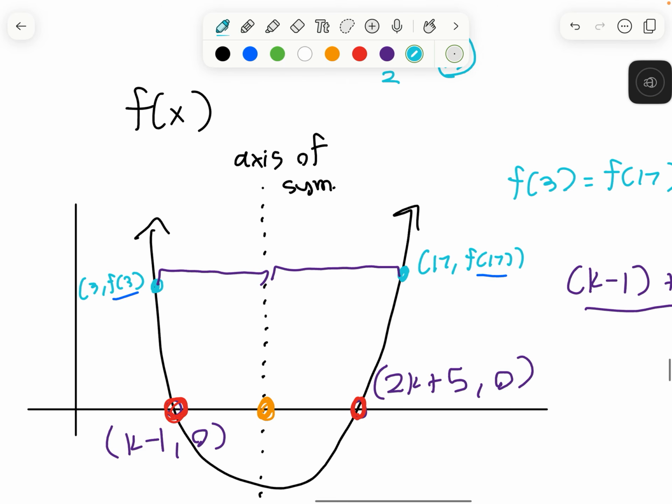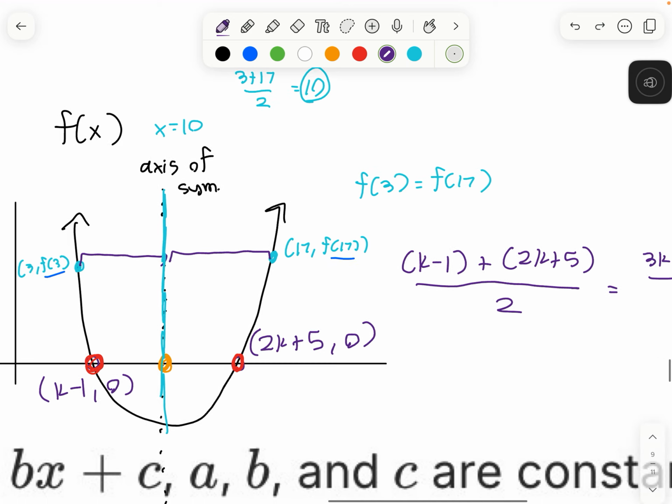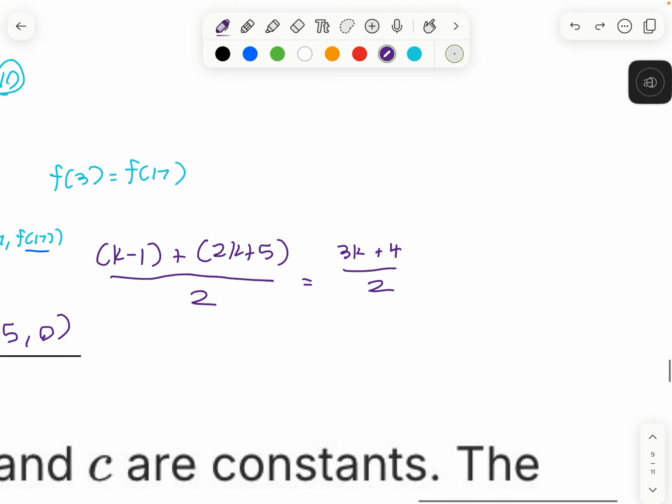So you know that the axis of symmetry here is x equals 10, because that's halfway between x equals 3 and x equals 17. So now we know that x equals 10 is the axis of symmetry.